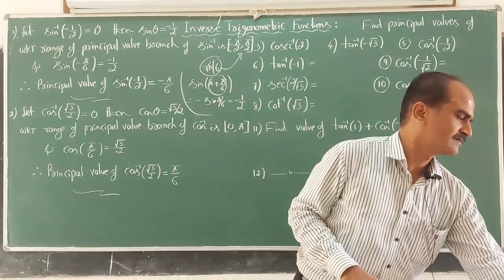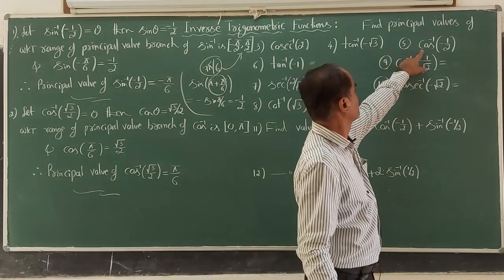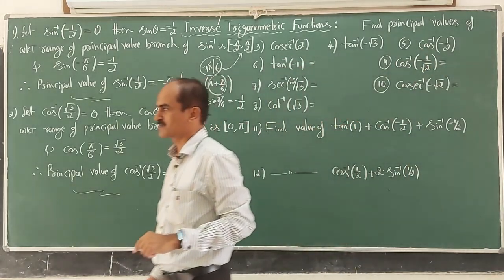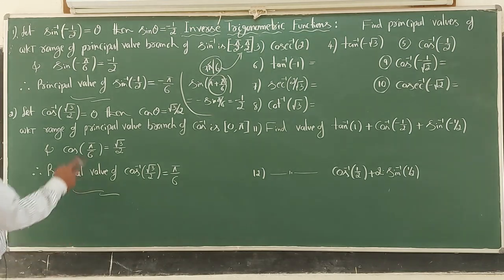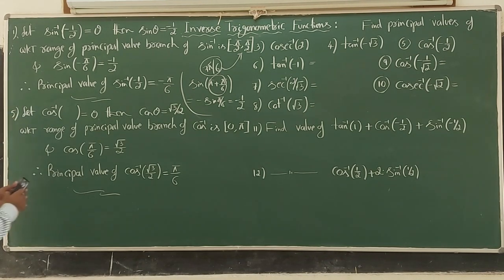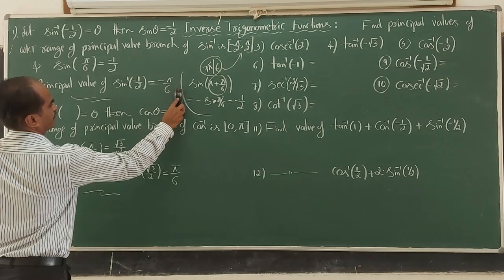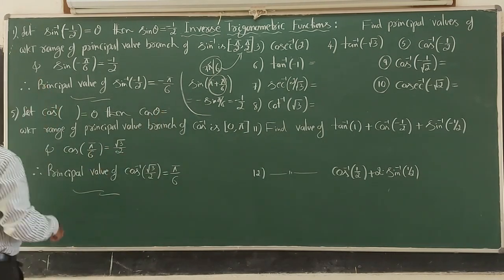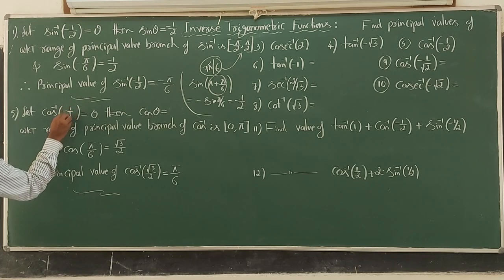Now, here there is one example, let me solve that. It is cos inverse of minus 1 by 2. This is question number 5. They are given cos inverse of minus 1 by 2.